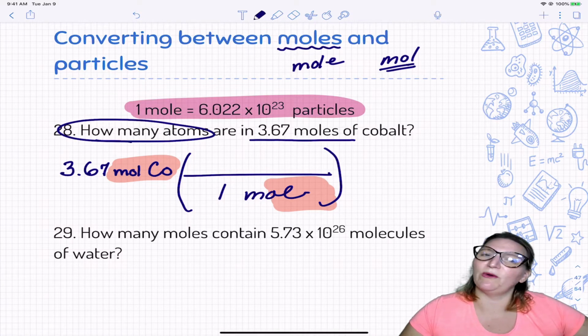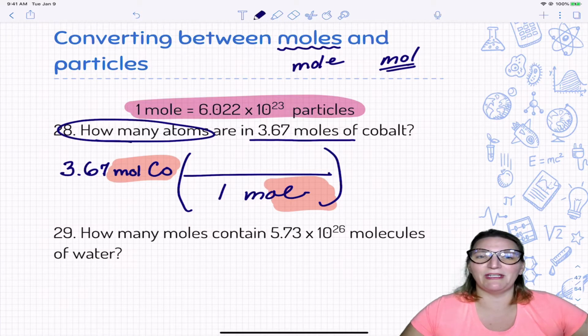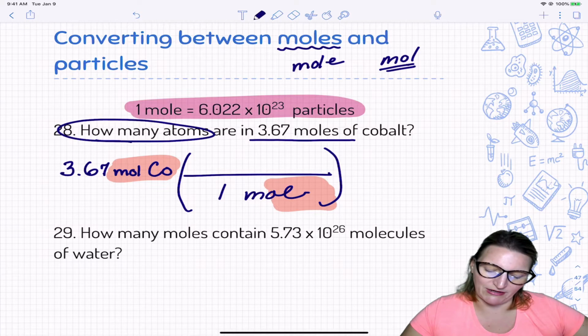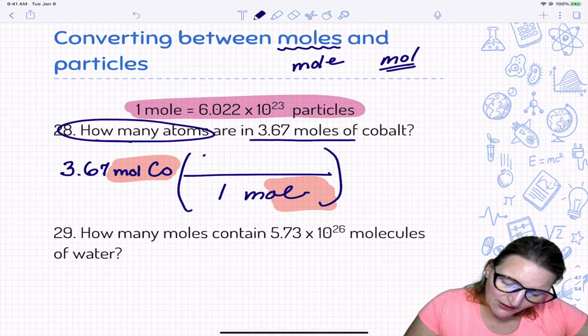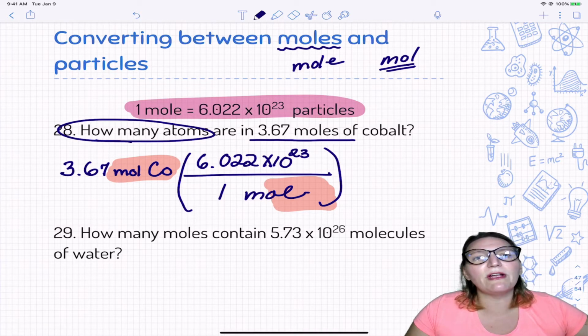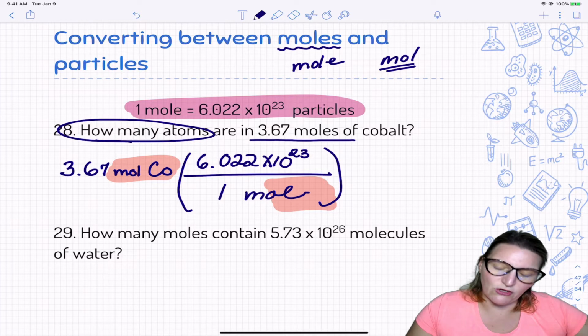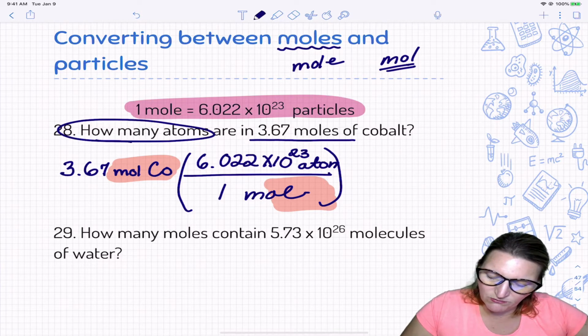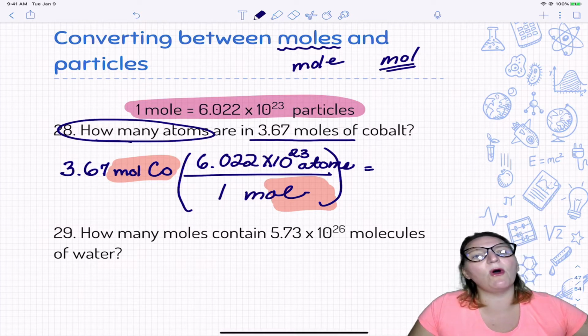That can be annoying because you're only losing the E, but you're going to write it so many times you're going to appreciate not having to write the E. What goes on the other side? On the top will, of course, go Avogadro's number, 6.022 times 10 to the 23rd. You can write the word particles down here, but we're talking about cobalt. The question asks for atoms. The particles in particular are atoms of cobalt.